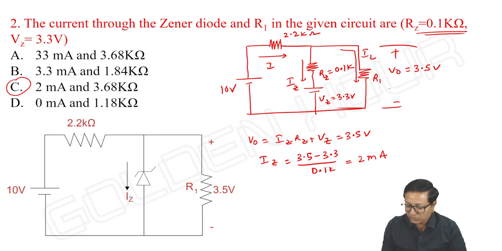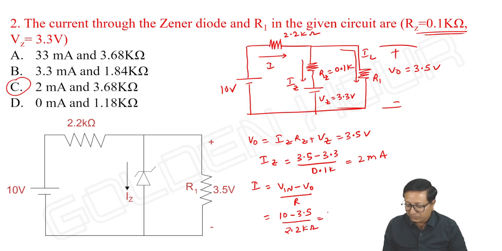So what about R1? To find R1, we should know IL. IL means I should know I. What is I? It is V in minus V output by 2.2K R. Earlier V in minus Vz by R we used to write. Now I am writing only V output, not Vz. That is the difference. So here input is 10 minus V output is 3.5 by 2.2 kilo ohms.